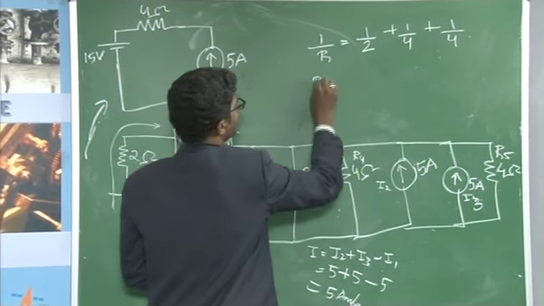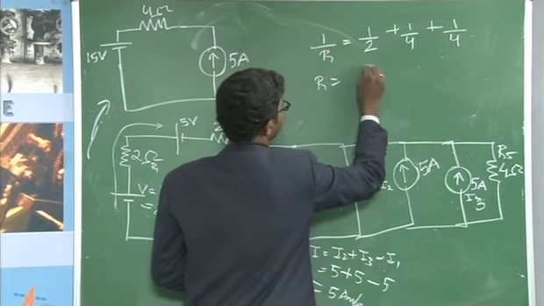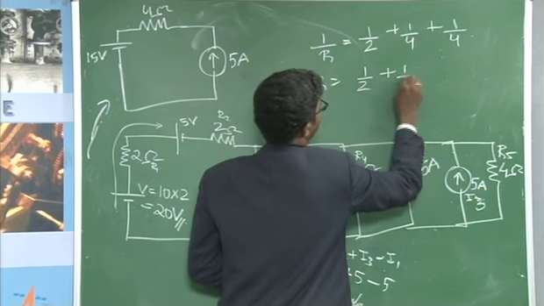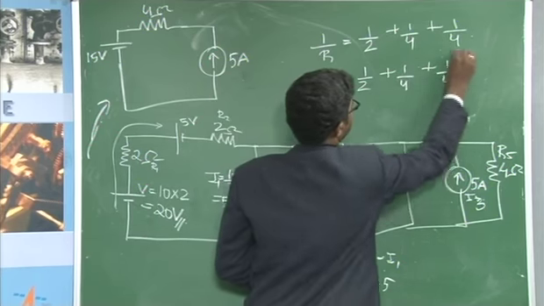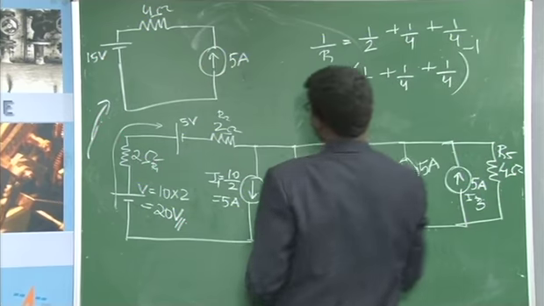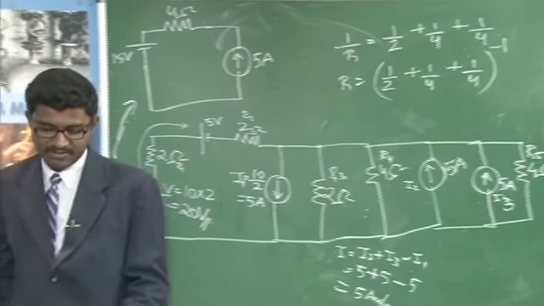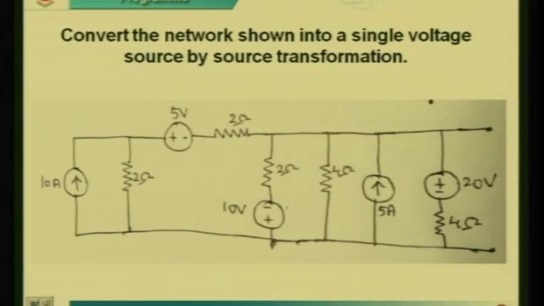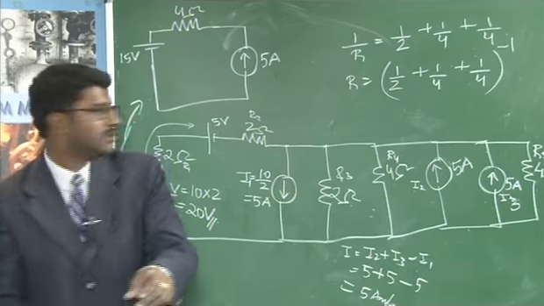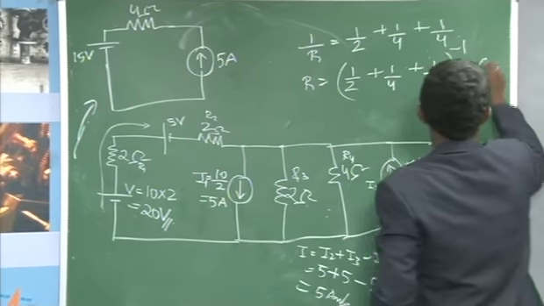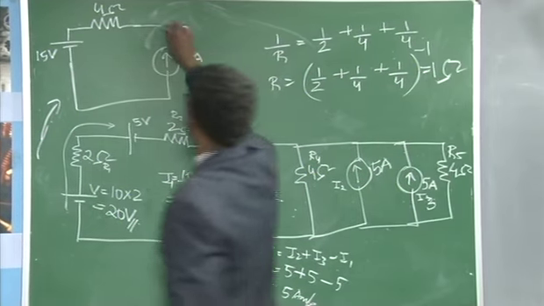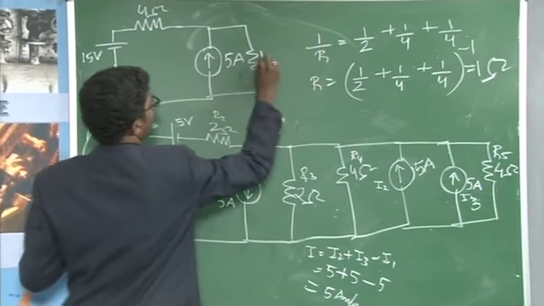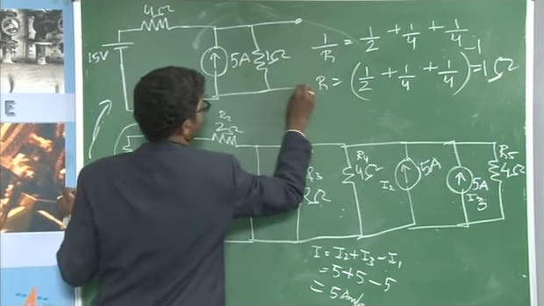So, R will be the effective resistance, equal to the inverse of that, which is equal to 1 ohm. So, you need to represent a 1 ohm resistance in parallel with the current source.